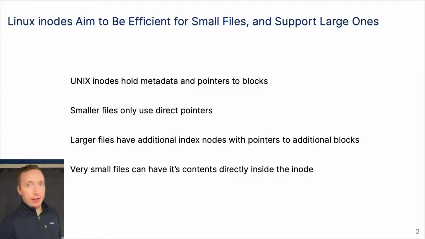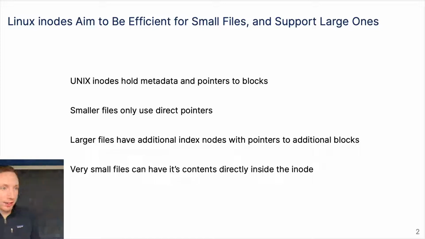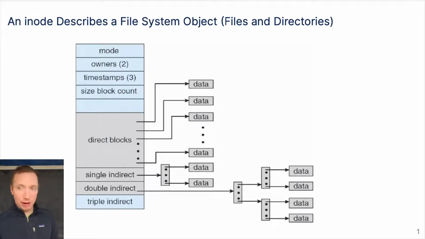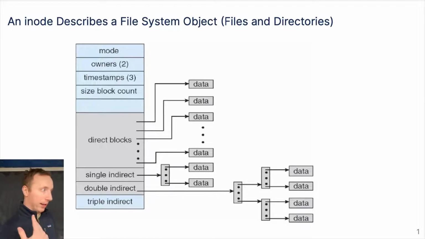They do that so they can be efficient for small files and also support large files. If a file is only a few bytes, you don't want to do everything triple indirect. Even if your file is 2 bytes, you're going to waste 1 block for level 2, 1 block for level 1, 1 block for level 0, and then a block for the actual contents of the file, which would be 2 bytes out of maybe 8 kilobytes.